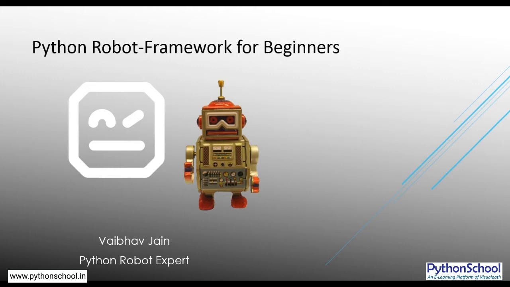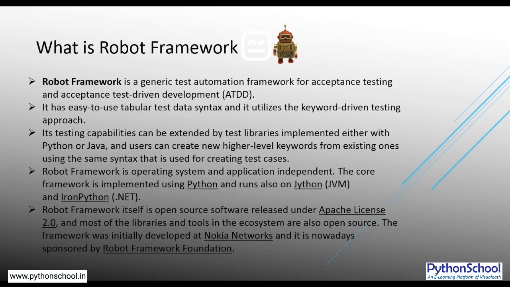So let's start. Basically, what is the Robo Framework? Robo framework is a generic test automation framework for acceptance testing and acceptance test driven development. It has an easy to use tabular test data syntax, and it utilizes the keyword driven testing approach.